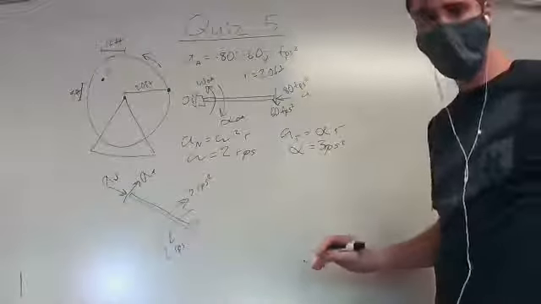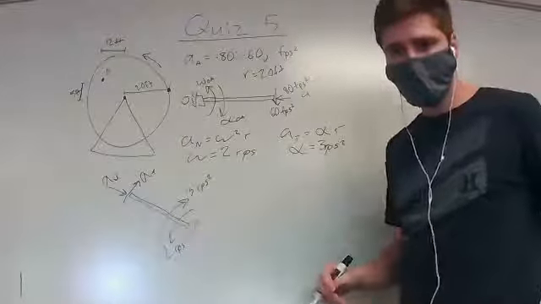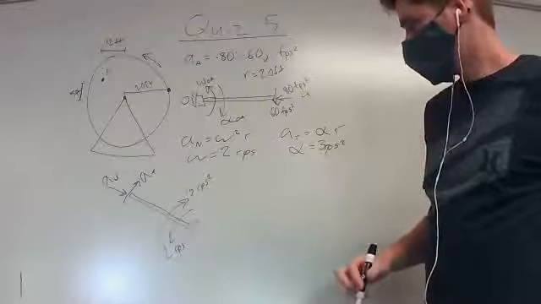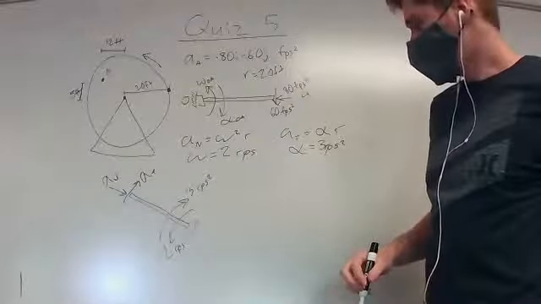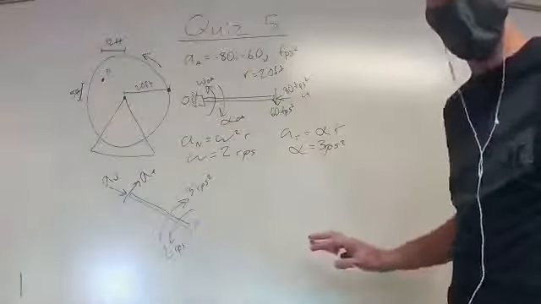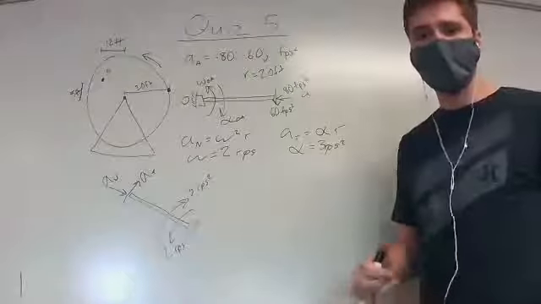Can I ask a quick question just for my memory's sake? Yeah, absolutely. The alpha is always in the same direction as the tangential, right? I believe so. That's the way that he writes it on the solutions. So I think that's a good thing to follow.